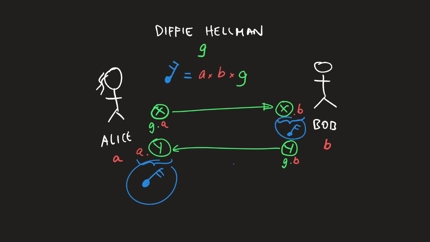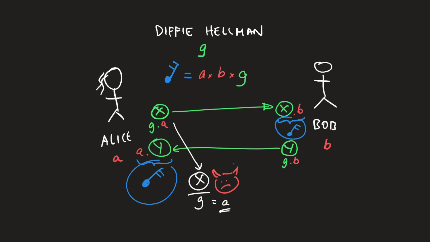Now, there's a problem with this toy example when we introduce the bad guy. So everything in green is available to the bad guy. So what the bad guy can do is take this X. He can see the big X. He knows G. All he has to do is take the big X, divide by G. That's basically A. That's Alice's secret.